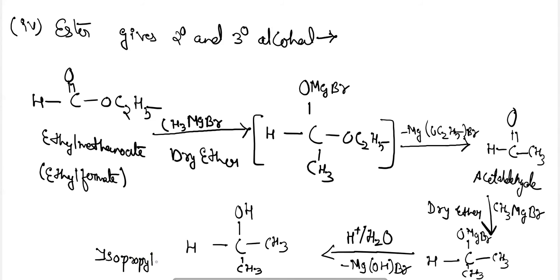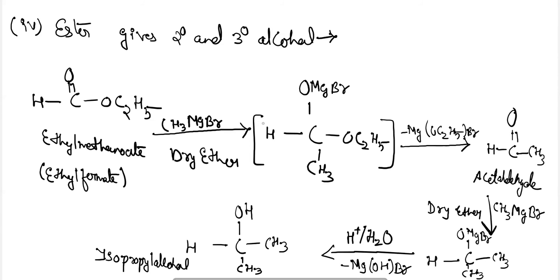So this is the method for production of alcohols from the Grignard reagent reactions.